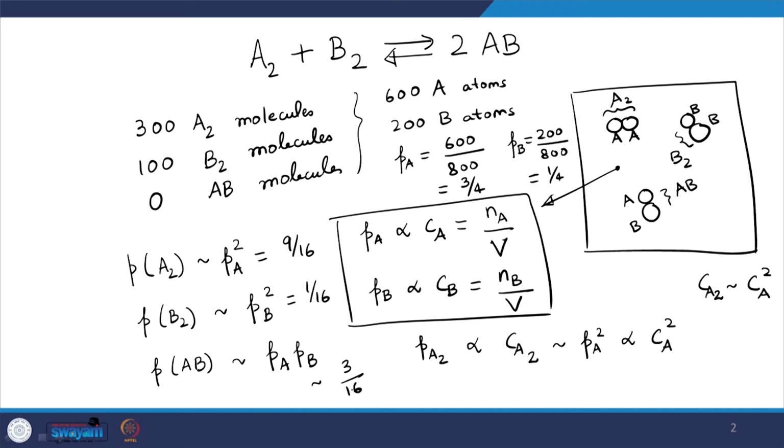right. So, if I now want to find the equilibrium constant of this particular system, what is it going to be? It is going to be the probability of forming AB divided by probability of forming A, probability of forming B, and since there are two molecules of AB, this must be squared.